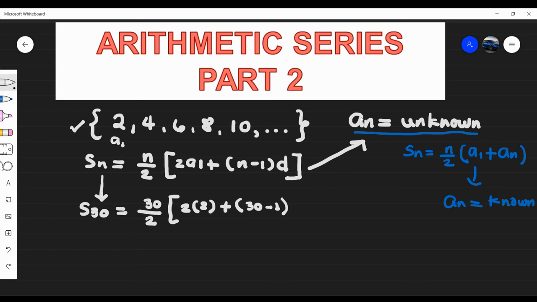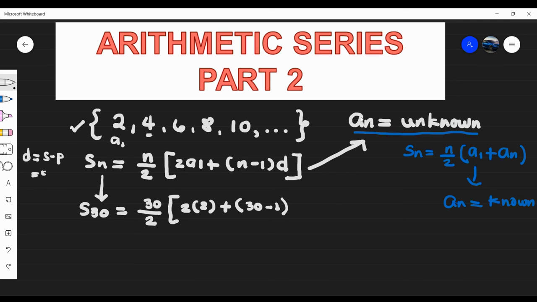So again, let us solve for the common difference. Since it's not yet known here, we can simply solve for it. The common difference is the succeeding term minus the previous. So the succeeding term is 4, minus the previous, 2.